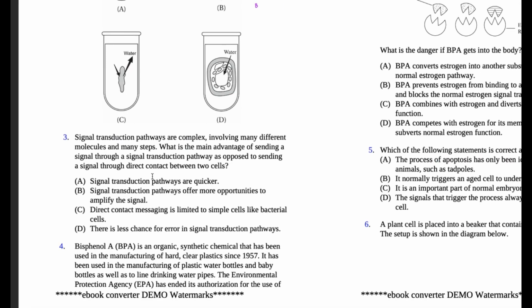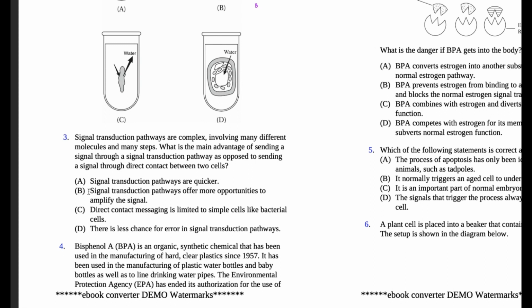So we can eliminate answers A and D. Next, direct contact messaging is limited to simple cells, like bacterial cells, which is incorrect because direct contact messaging is also evident in plant cells and animal cells. So it's not true, and we are left with answer B.